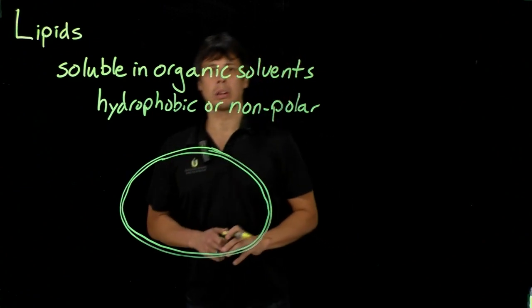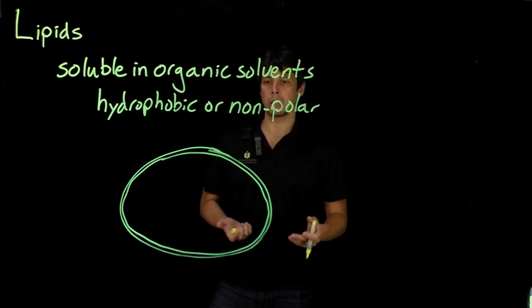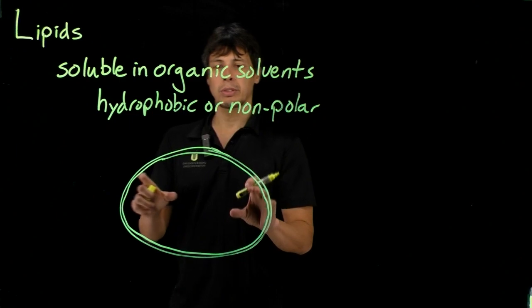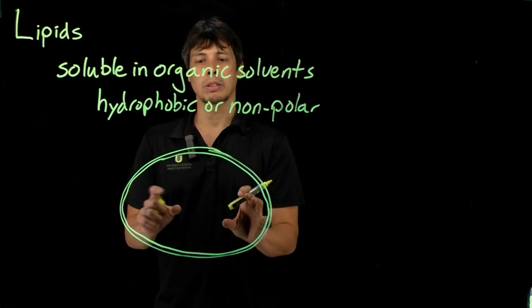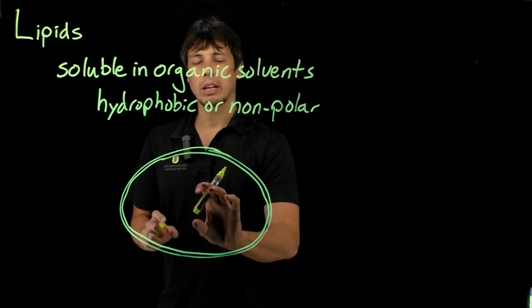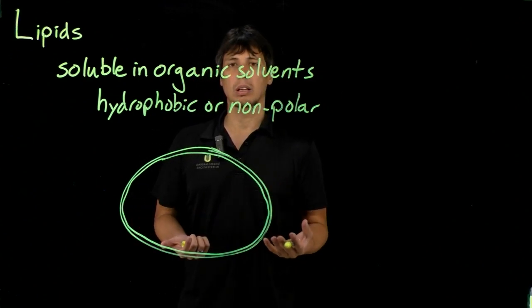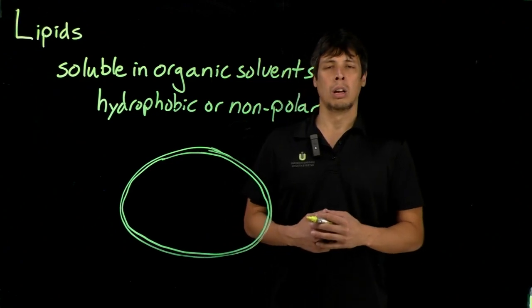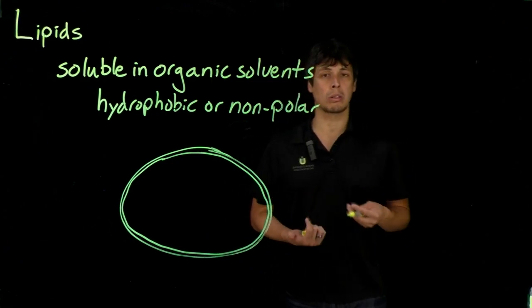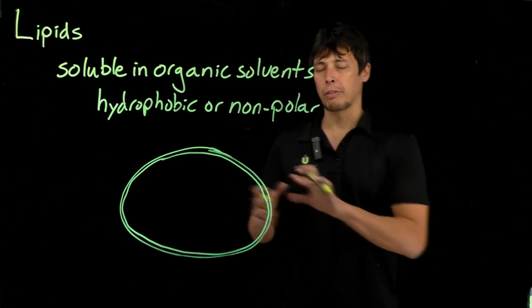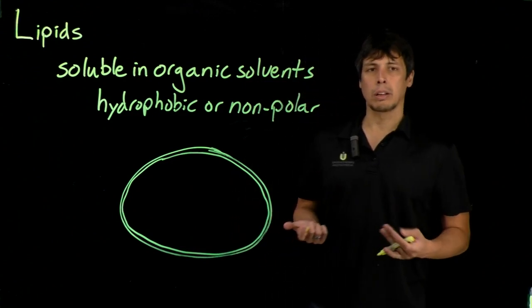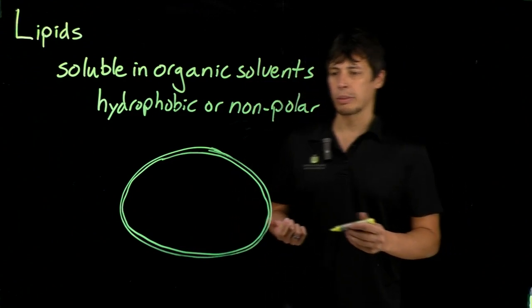And that allows for compartmentalization and differences in the environment inside and outside the cell. For instance, a difference in salt concentration or containment of proteins and enzymes that are important for the functionality of the cell, containment of DNA, for instance.